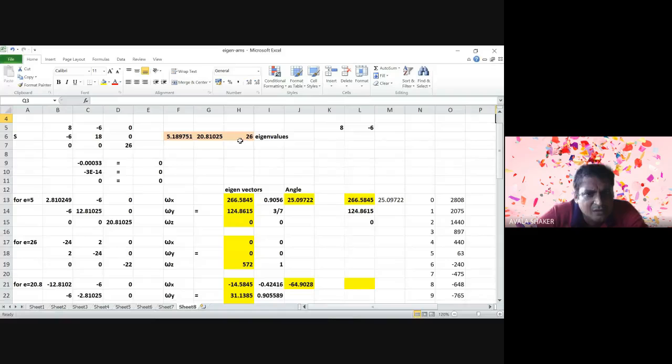So now this has become a scalar. That whole problem has been simplified to these three values, which you will use to find the angular velocity directions.